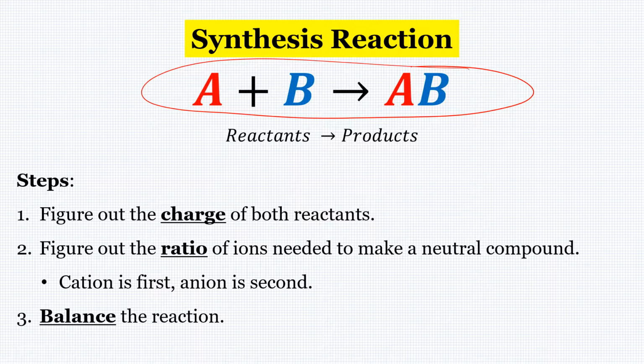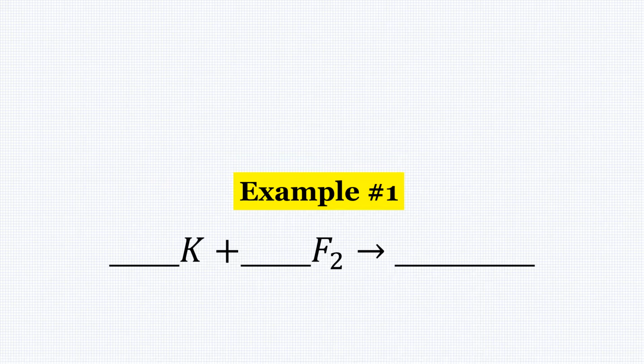So if we have charges that don't match up, for example, if we had a positive 1 and a negative 2, I would need 2 cations to balance out my negative 2 anion. And then, of course, balance the reaction is our third step. So for today, we're just going to look at a couple of examples and work through these. But again, you're going to be predicting the product.